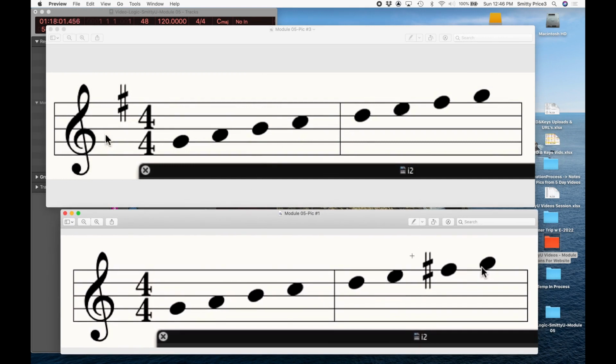So instead of writing this F sharp right over here in this area, you write it over here to the left, near the beginning of the music. You write it once, and then anytime you play an F in this piece, it actually becomes an F sharp. So what's this little squiggly thing right here? Looks like an S with extra fancy squiggles.